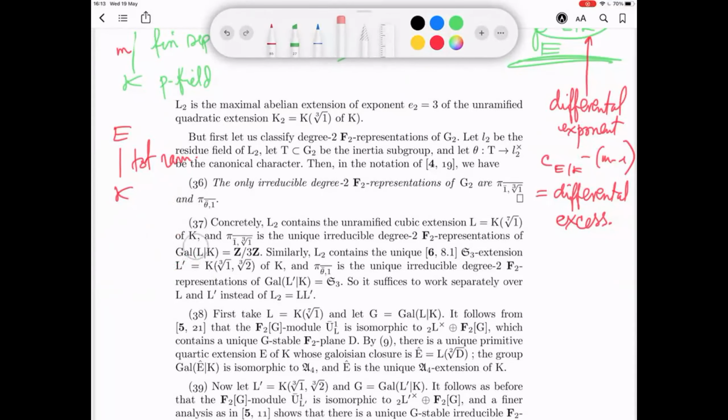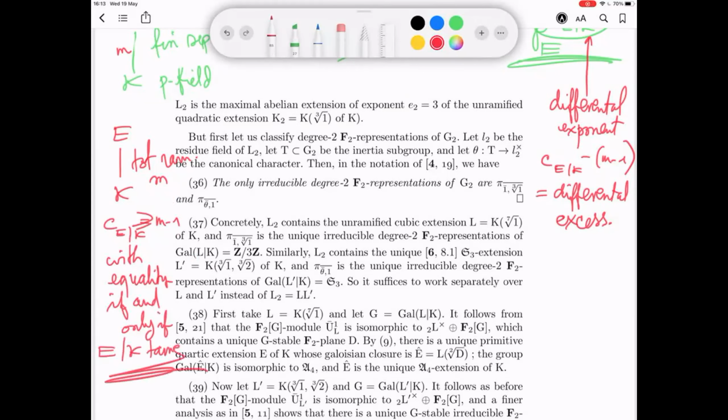Let us take totally ramified of degree m, then the differential exponent is always at least m minus 1, with equality if and only if E over K is tame.